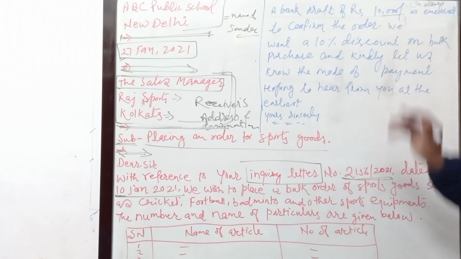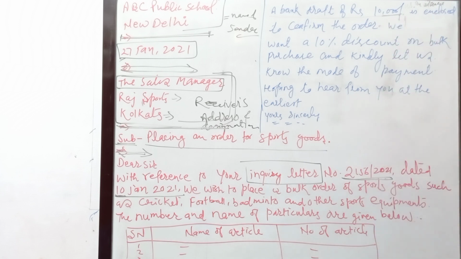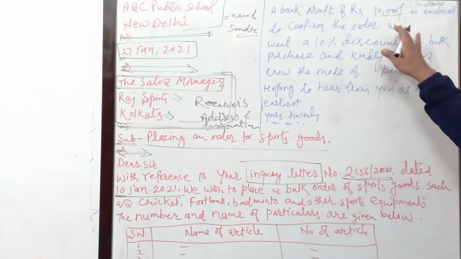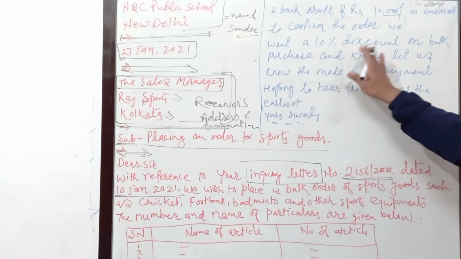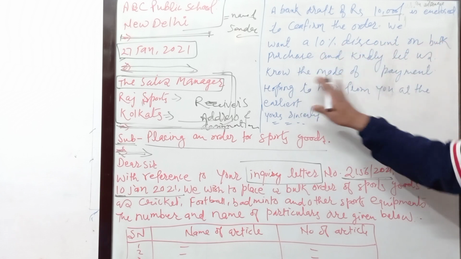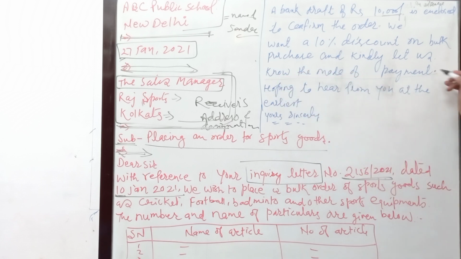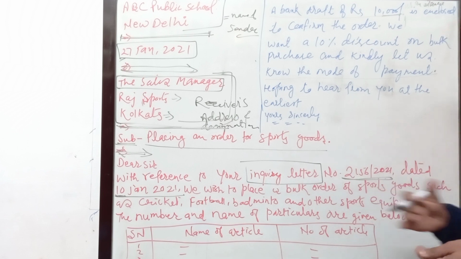Full stop. Now the next point: because it's a bulk order, a big order, we want a discount there. So also mention the discount. We want a 10% discount on bulk purchase, and kindly let us know the mode of payment. How the payment will be done, because nowadays it's a digital market, so the payment mode must be mentioned.